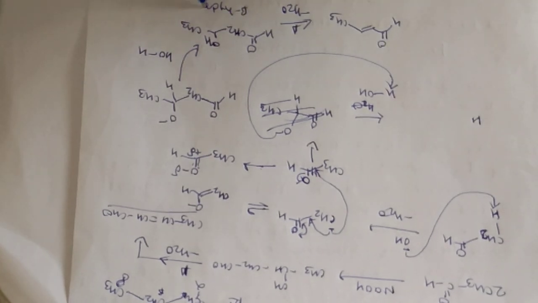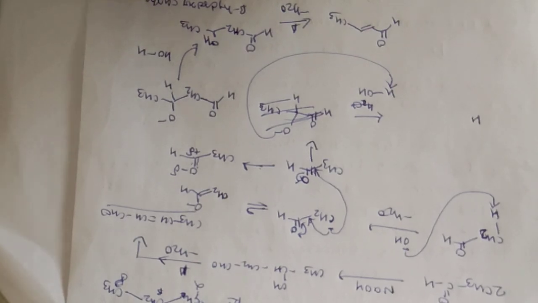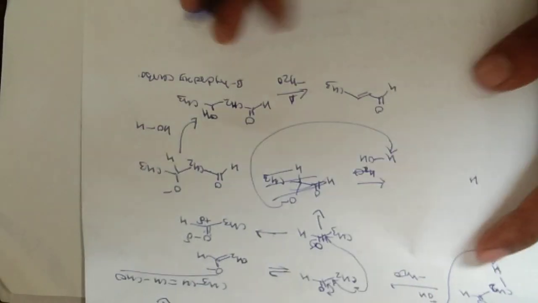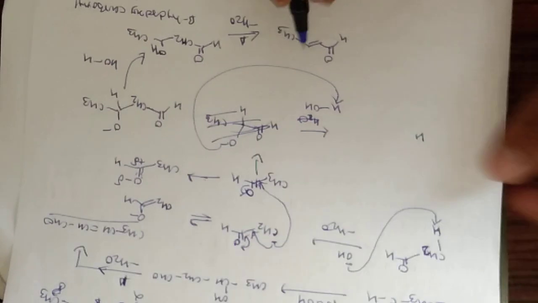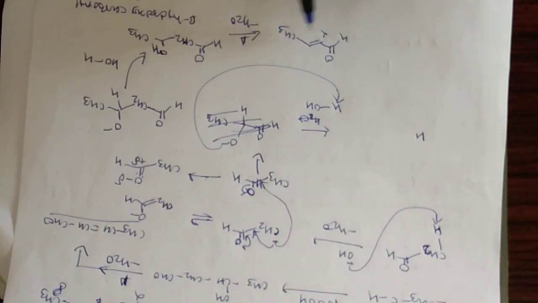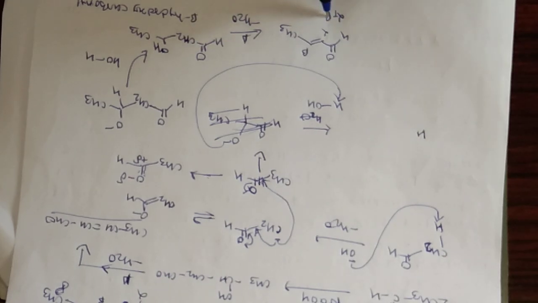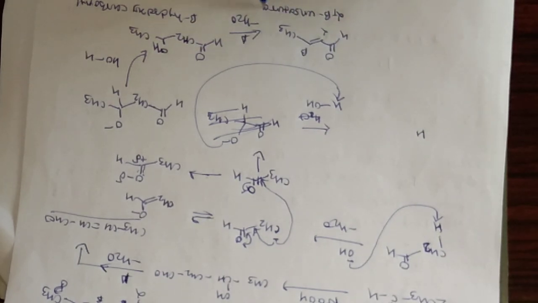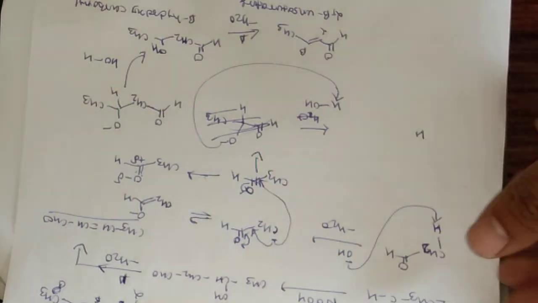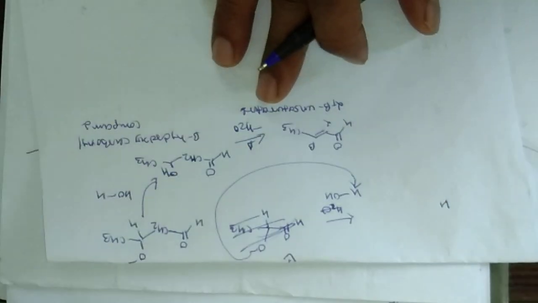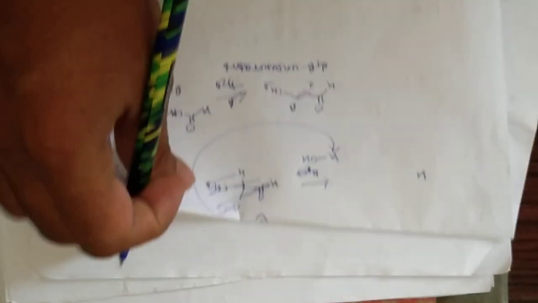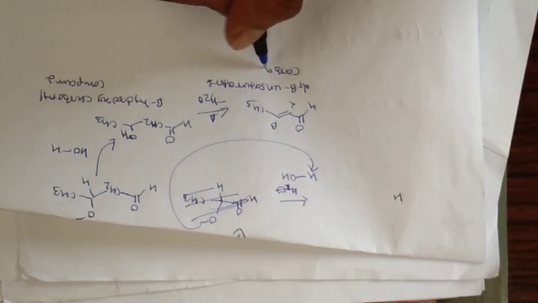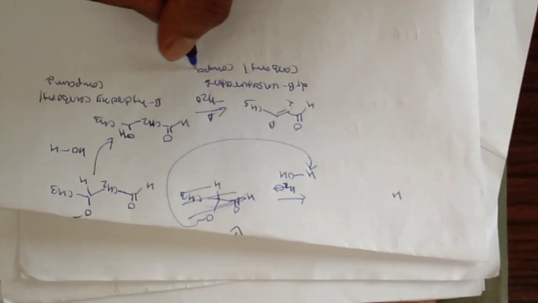Beta hydroxy carbonyl compound, and this is the alpha beta unsaturated. This is the alpha carbon, this is the beta carbon. Alpha beta unsaturated carbonyl compound.